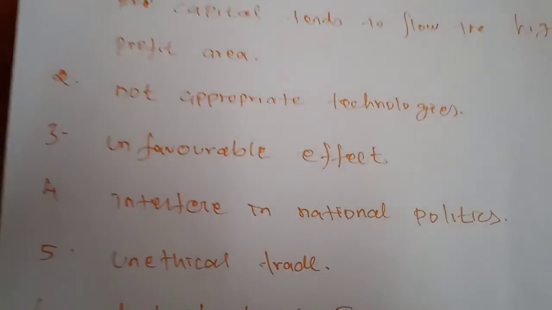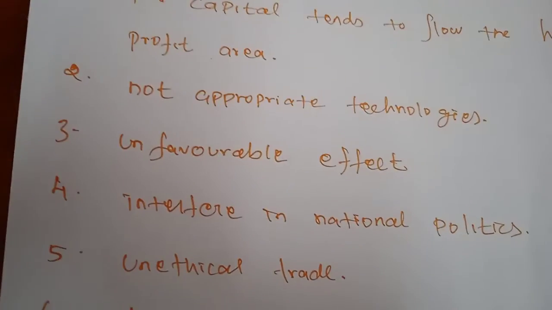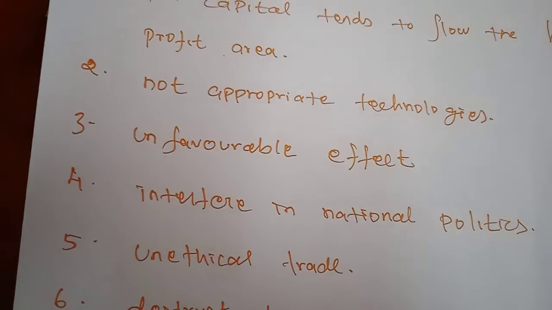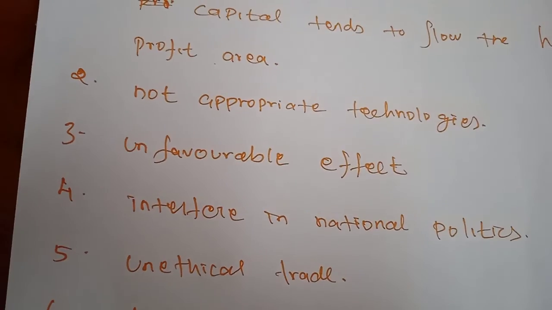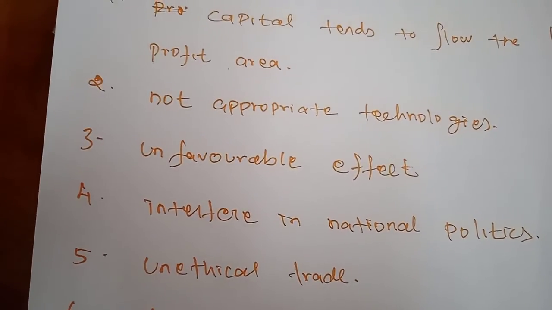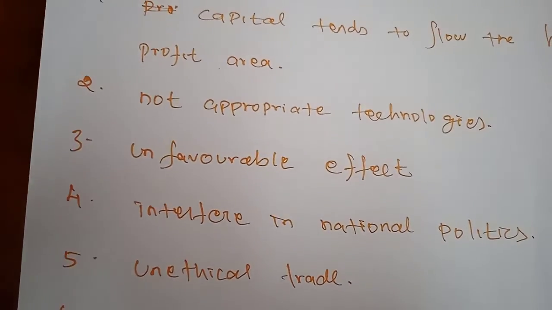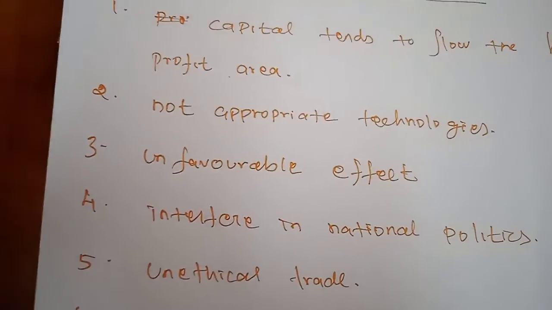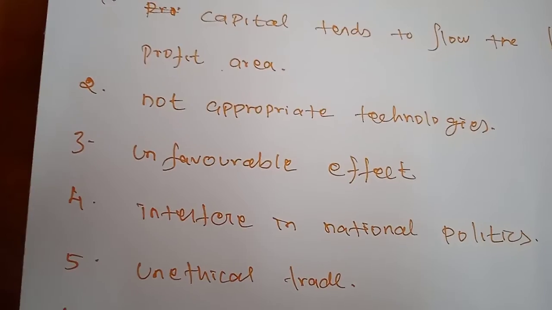Some of the technologies will have only inappropriate portions. Next, unfavorable effect. Foreign investment sometimes has an unfavorable effect on the balance of payment of a country, when the drain of foreign exchange by way of royalty, dividend, etc. is more than the investment made by the foreign concerns.